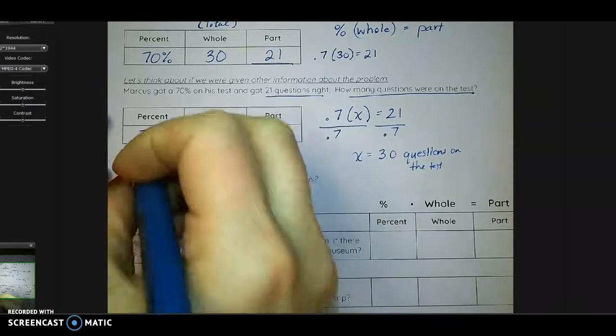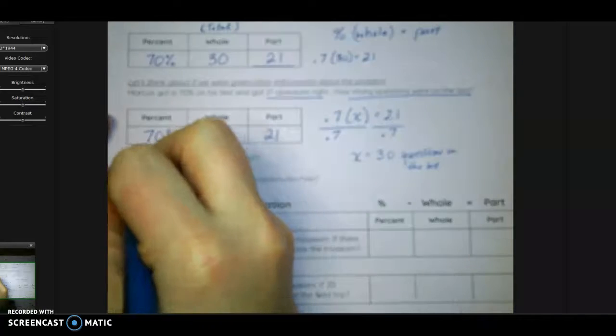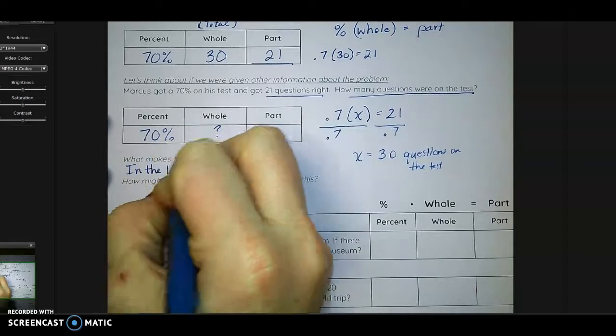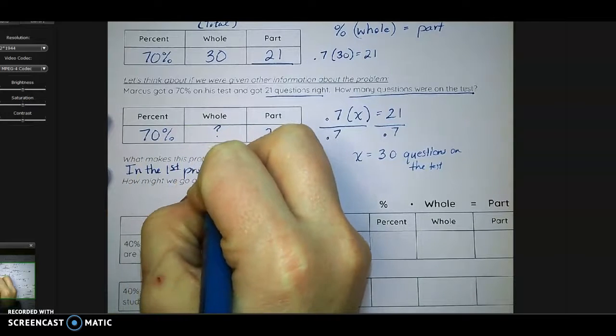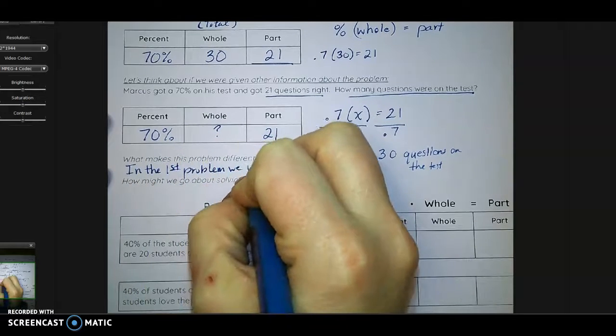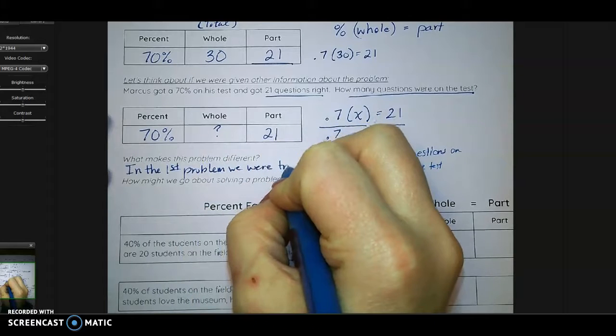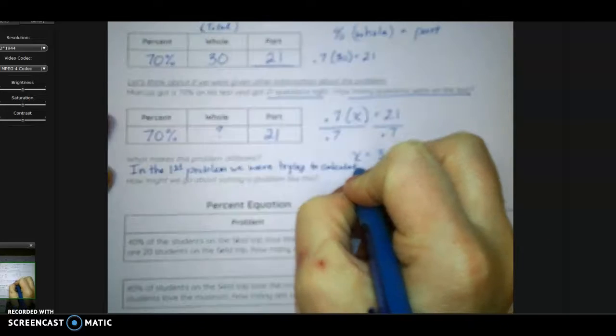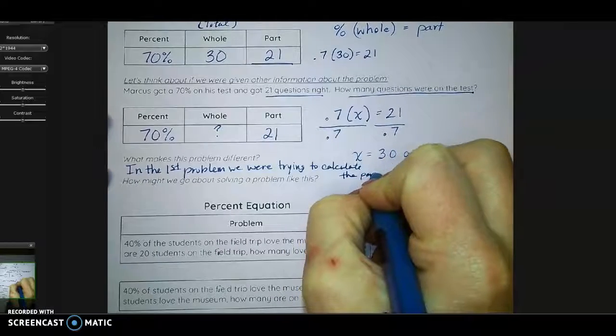So what makes this problem different? Well, in the first problem, we were trying to calculate the part.